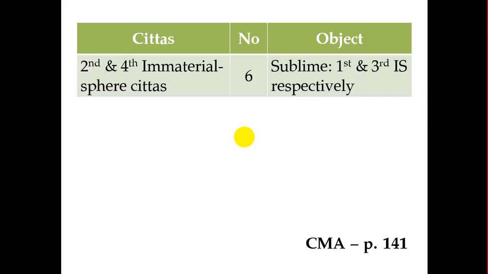5 material ones and 12 immaterial ones. Among the 12 immaterial chetas, we have 3 second immaterial chetas and another 3 fourth immaterial jhana chetas, altogether 6. So these 6 take a sublime object. To make it exact, the second immaterial jhana cheta will take the first immaterial jhana chetas.